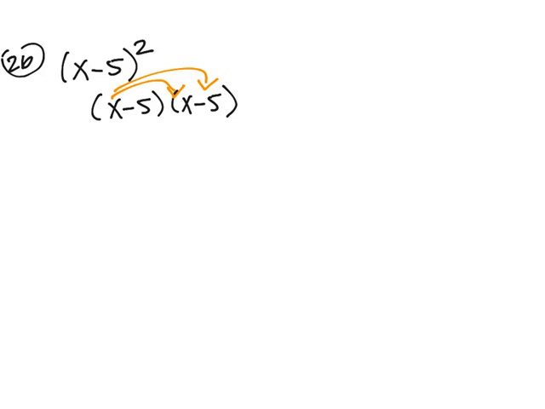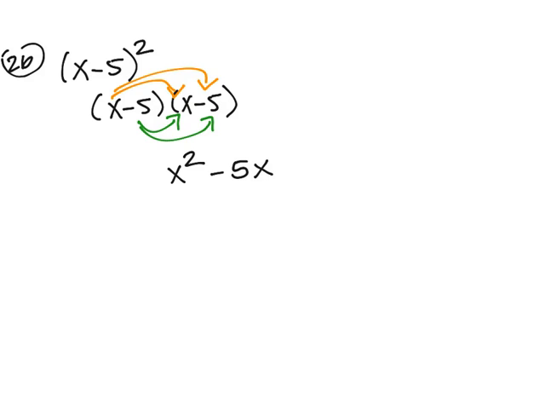26, they give you x minus 5 squared. We're really doing the same what? Thing. You just got it how many times? Twice. You still got to multiply. Okay, so we're going to multiply by x, and then we turn around and multiply by negative 5. So x times x, x squared, x times negative 5, negative 5x.